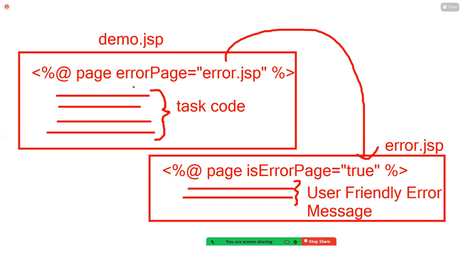So here what will happen? This code is executed: first line, second line, third line, fourth line. If all executed successfully, this output comes. If any problem occurred, if exception occurred, control jumps to this program, and the user friendly error message is displayed. It is nothing but like the first program is a try block, the second program is like a catch block. That's it.